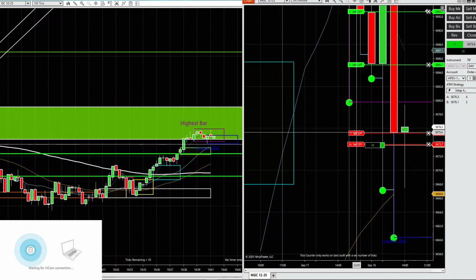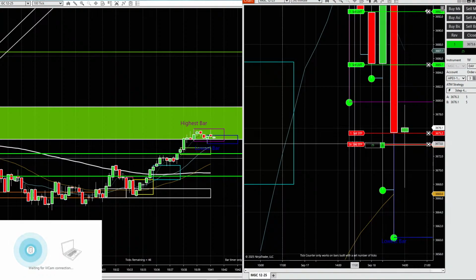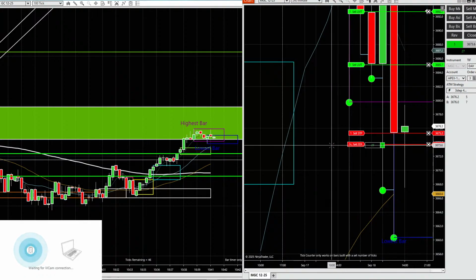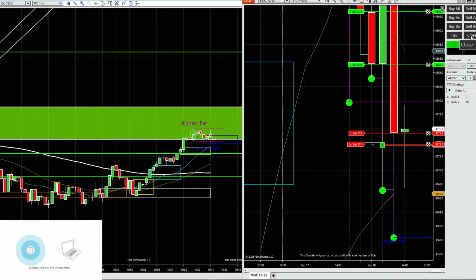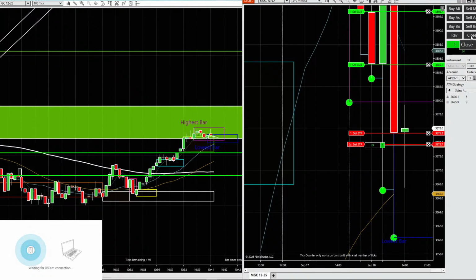Get it? Eh. I'll probably close it if it takes that one, because it's going to come down deeper than I want, if it goes outside this green box and closes. Still green, still inside.